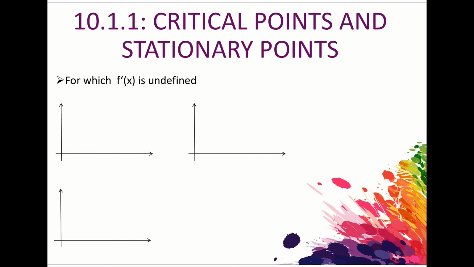Now let's have a look at graph examples for which the first derivative of f(x) is undefined. So at the asymptote for the first graph, the first derivative of f(x) is undefined. Therefore, c here represents the critical value where the first derivative of f(x) is undefined. Now the second graph involves a cubic graph.